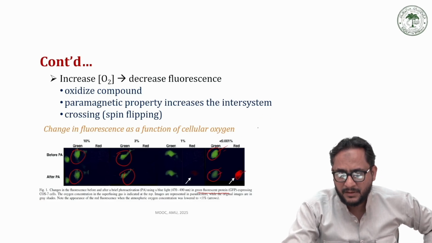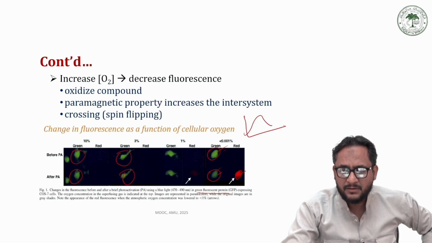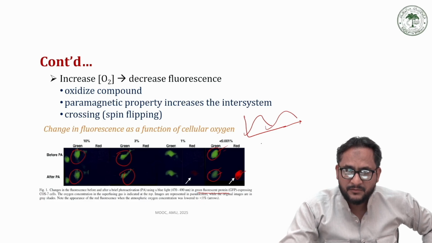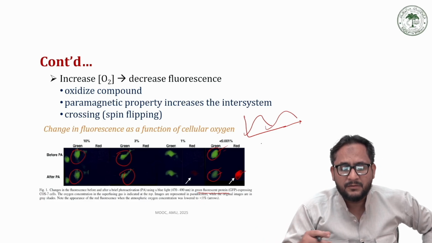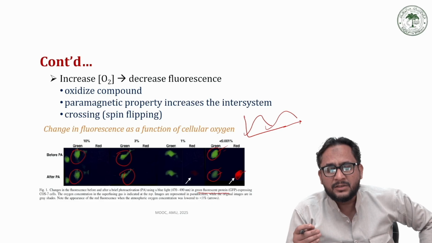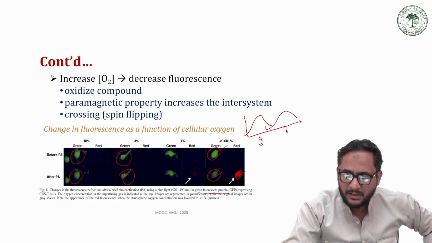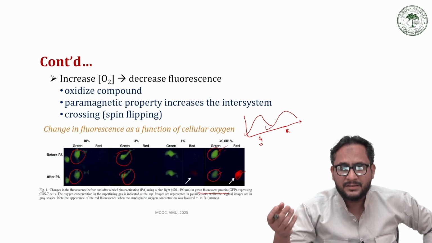It means that if we have this peak for our emission of fluorescence light, the peak will be shifted towards the right side. We are getting light radiation of even longer wavelength, and that is why the color that was earlier green becomes red, because red has a longer wavelength.